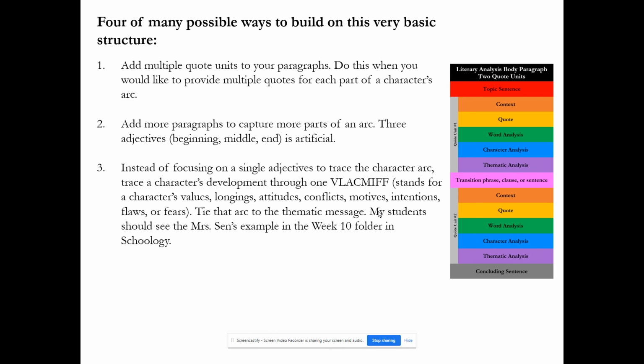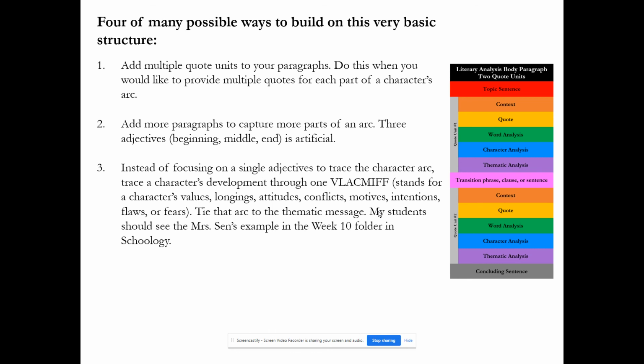And so you can analyze how a character's longing for something, or attitude towards something, or conflict with something changes from the beginning to the middle to the end of the story, or from the beginning to the early middle to the late middle to the end of the story.